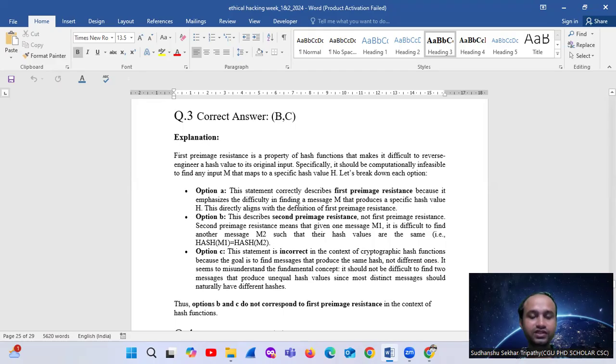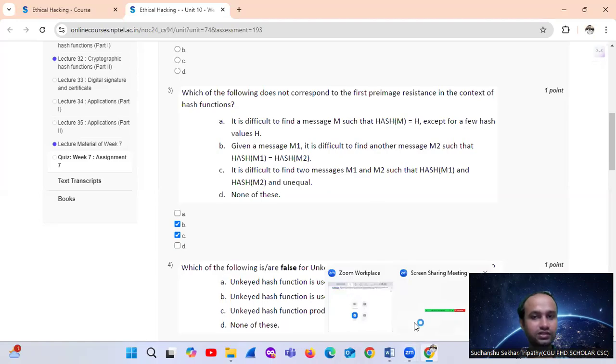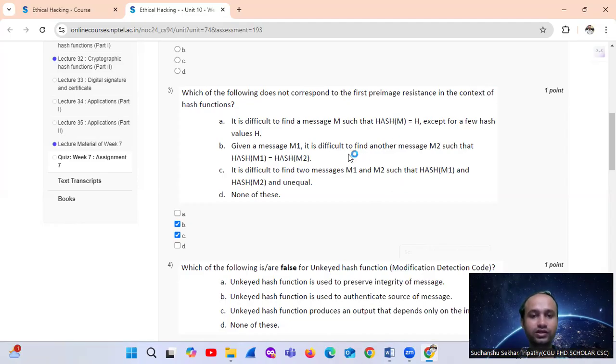Option A, this statement is correct, describes the first preimage resistance because it emphasizes the difficulty in finding a message m that produces a specific hash value h. This is directly aligned with the definition of first preimage resistance. So option A first preimage और 2, 3 first preimage नहीं है. Only option A is the first preimage resistance. So BC first preimage resistance है ही नहीं. Okay, BC.